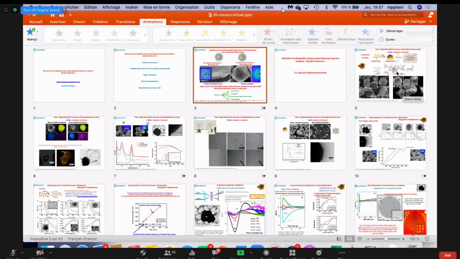I think I don't have all the answers on that, but for sure, hyperthermia could play a very important role. I'm still open to look at different types of application.